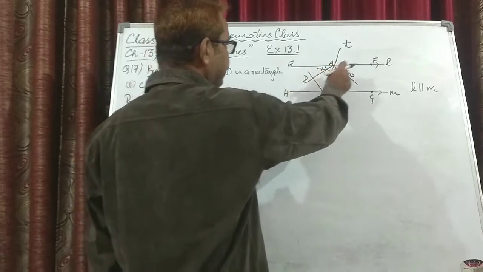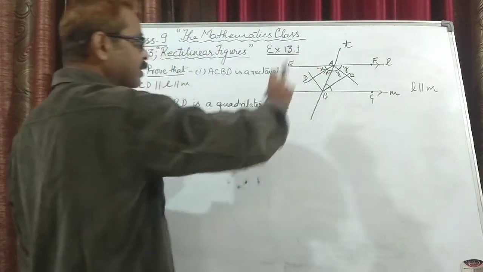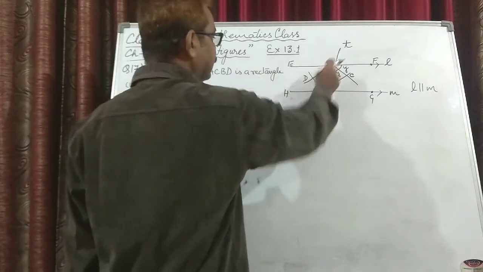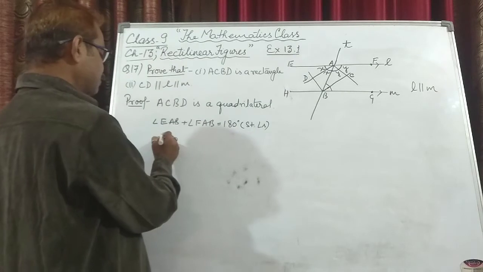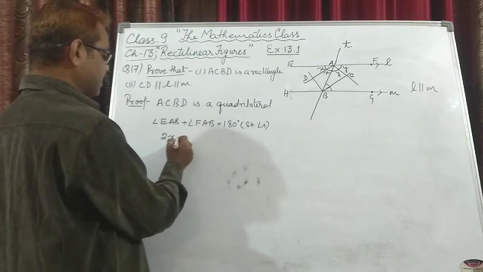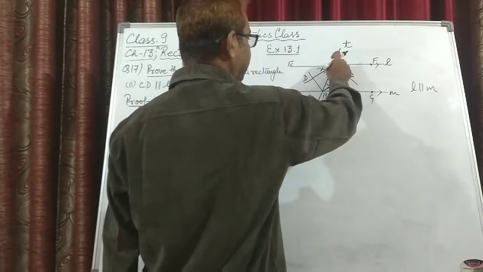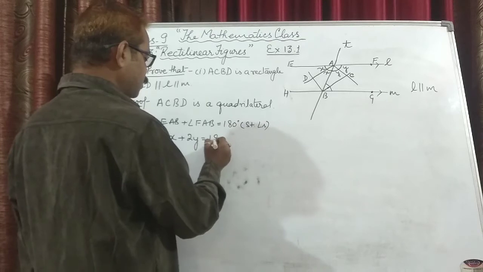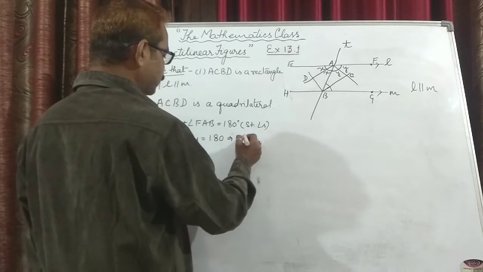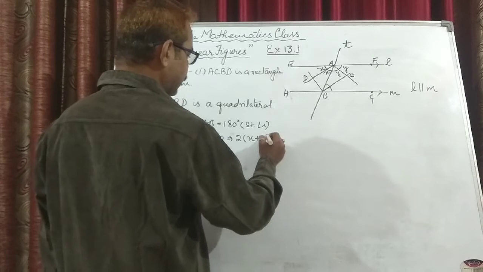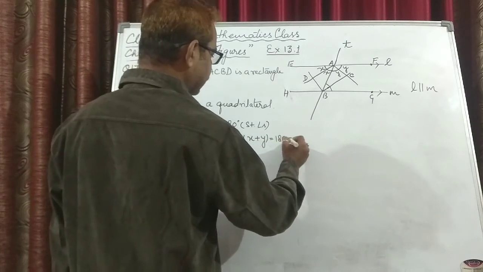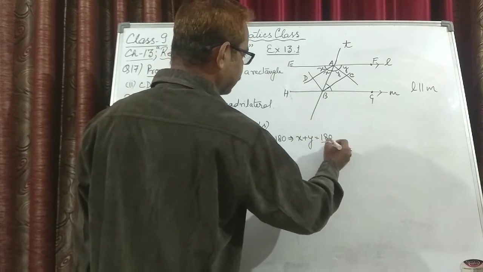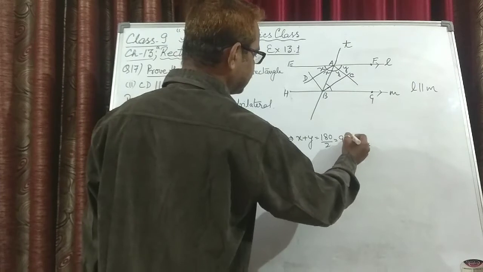So 2 times x and 2 times y is equal to 180. So instead of EAB plus FAB, we can say 2x plus 2y is equal to 180. It means 2 times (x plus y) is equal to 180. It means x plus y is equal to 180 upon 2, and that is 90 degrees.